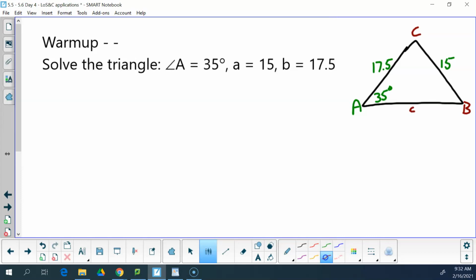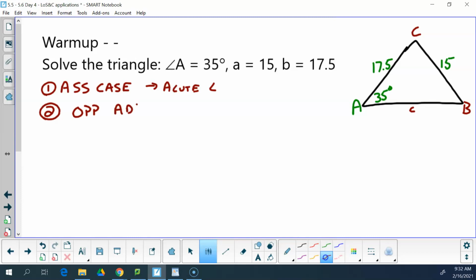In that triangle. Okay? So this is an angle side-side case. So we need to check what we got. Well, we've got an acute angle. So then we should check our relationship between the opposite and the adjacent side.